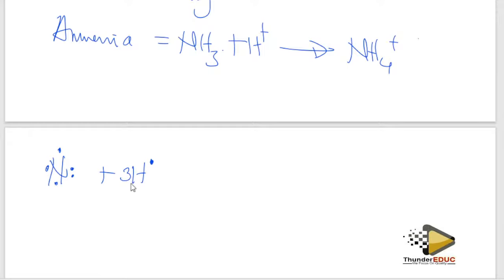So when I combine the 3 hydrogens, it's going to form this ammonia, with nitrogen and a hydrogen there, and a hydrogen there, and a hydrogen there. So it forms this ammonia.